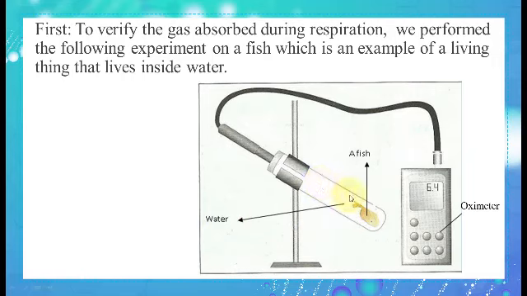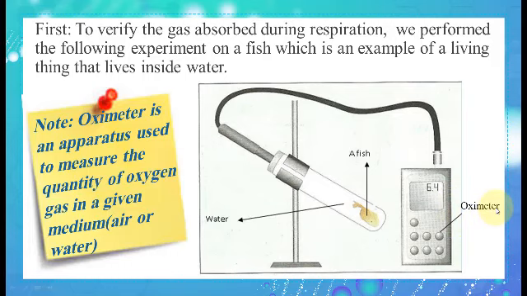The fish was placed inside the water in a test tube. This test tube was connected to an oximeter. But why did they use an oximeter? The oximeter is an apparatus used in order to measure the quantity of oxygen gas in a given medium, in air or in water.